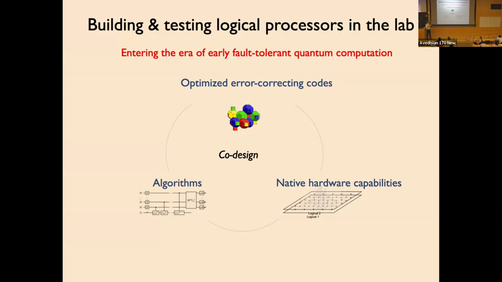To utilize the resources most efficiently, at least in this early fault-tolerant era, it's important to think about this problem holistically: to find, for the given algorithm, the most optimal error-correcting code, which also fits with your native hardware capability. I will give you just one quick example, and I will try to make sure we have a little bit of time to discuss.